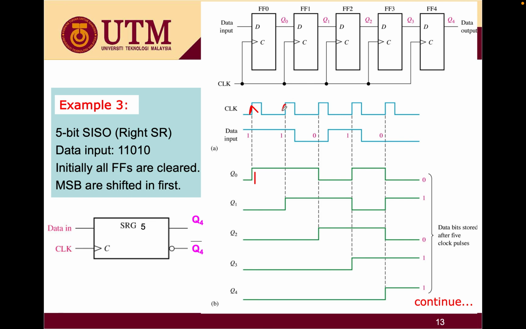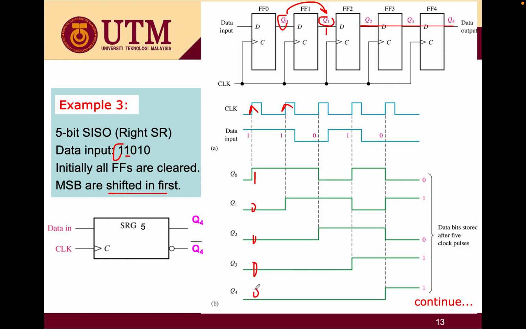If you have clock 2, after your clock 2, the 1 for your MSB, because it's mentioned shift in, right? So this MSB will be here. For now, your Q1 is 1. The rest still remain 0. And what is your value for your next Q0? It is 1.